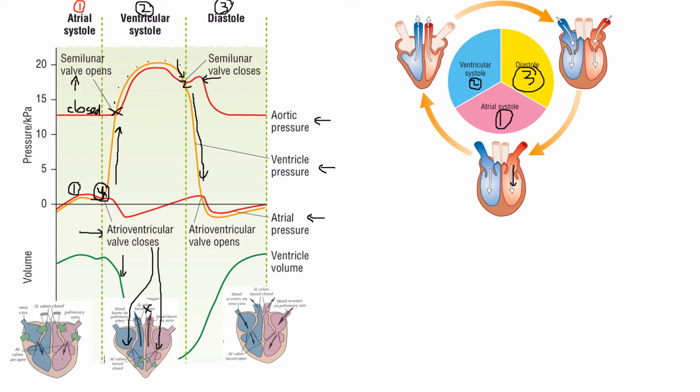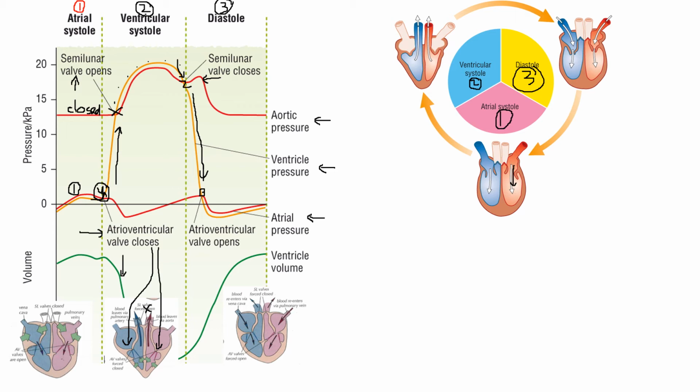The atria start filling with blood from the vena cava and the pulmonary vein as they are both relaxed, and therefore the pressure, if I just say a point B, becomes greater in the atria because it's filling up with blood, so then the atrioventricular valves can open.